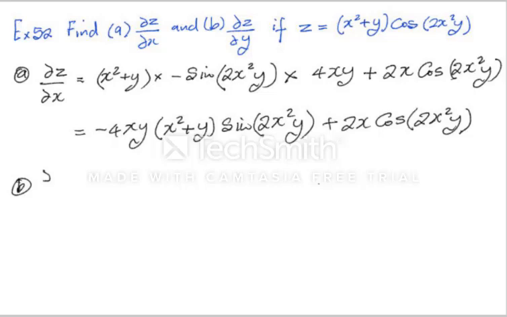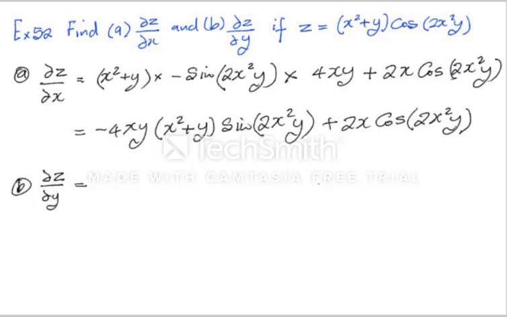B is the first partial derivative of z with respect to y. So we're going to differentiate the function z with respect to y, therefore partially with respect to y. Therefore, we're going to treat x as a constant. Remember, if you differentiate a constant with respect to y, the constant disappears. So it's a product differentiation. So we're going to what?